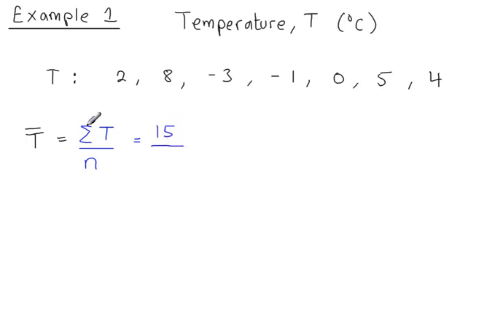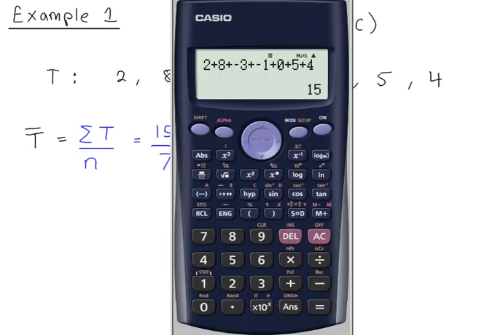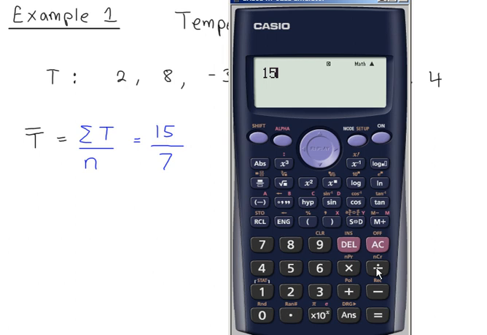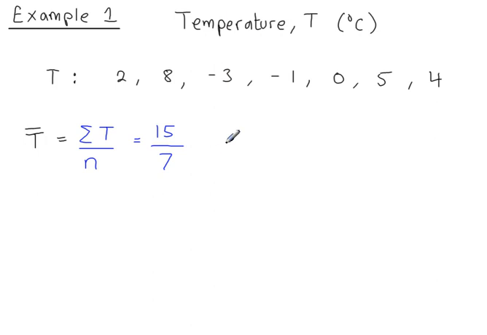So that's the sum of all of these t values, divided by n, the number of data values. So we've got 1, 2, 3, 4, 5, 6, 7 data values, like this. So the mean is 15 divided by 7, 2.14 to 3 significant figures.